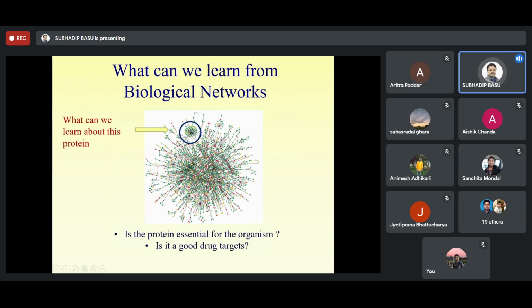So you can see that there is a hub protein. This protein is interacting with so many other proteins. So there must be a difference, right? This protein is interacting with only one protein, but this protein is interacting with so many other proteins. So is this a significant protein? Is this an essential protein for the organism?